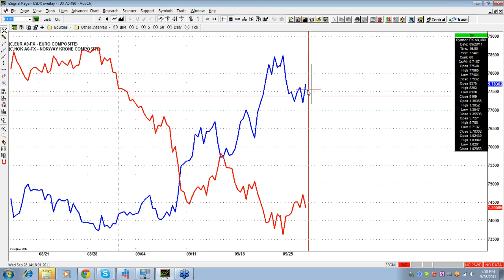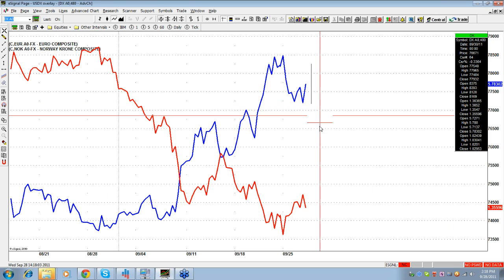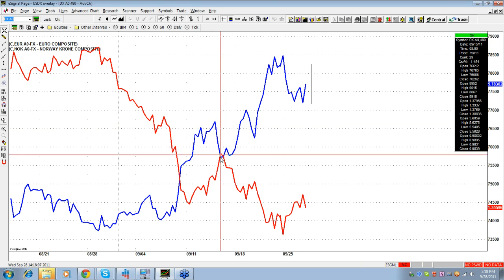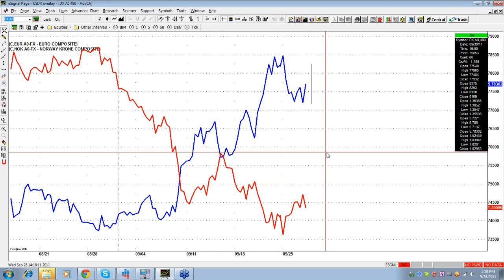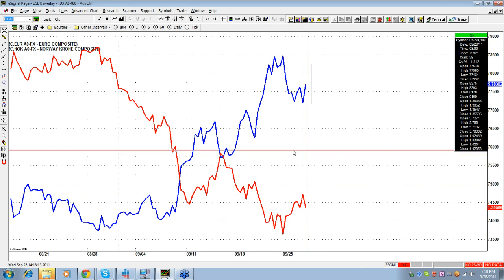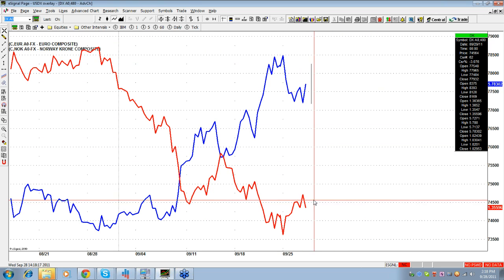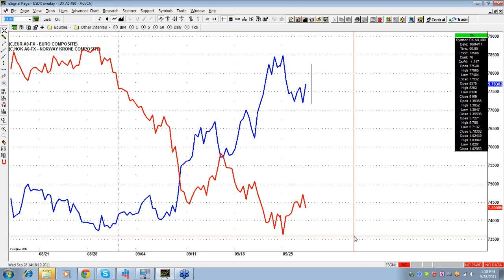This is telling me that this one is gonna go lower and then do something like what it's doing here. The euro is gonna go higher and they're gonna find themselves around the middle before this one keeps going higher and the euro keeps going lower.